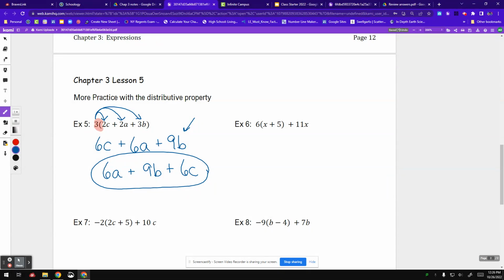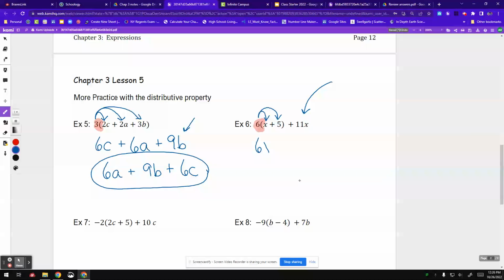It's just one of those mathy weird things. All right. You might want to pause and try number 6. Unpause, hopefully. 6 times x. Now, do I distribute the 6 over here? This is not in the parentheses, so we just kind of leave that there. We're going to distribute the 6 inside the parentheses because that 6 is directly next to a parenthesis with nothing next to it.